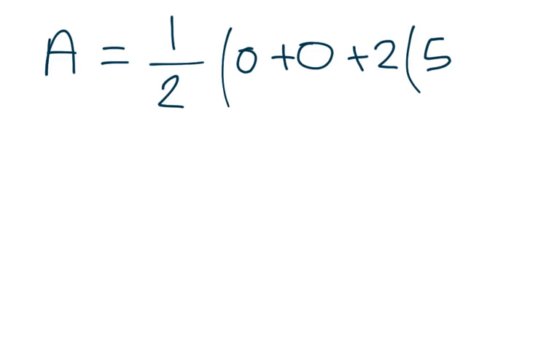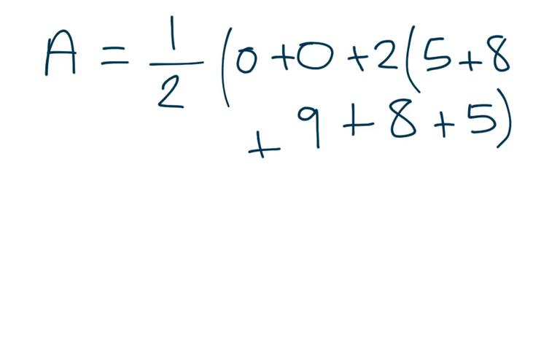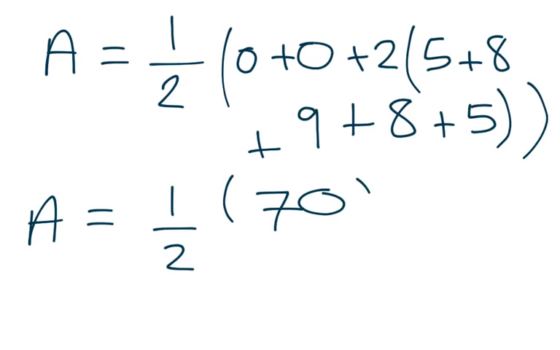So 5 plus 8 plus 9 plus 8 plus 5, bracket. So then we want the area equals a half, and all of that added up is 70. So the area is equal to 35.